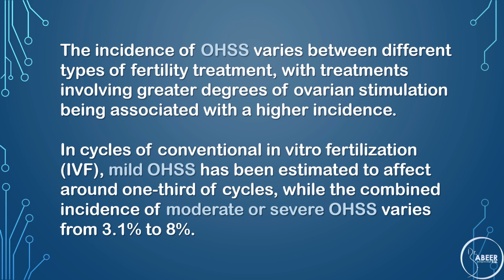In cycles of conventional in vitro fertilization, or IVF, mild ovarian hyperstimulation syndrome has been estimated to affect around 1/3 of cycles, while the combined incidence of moderate or severe OHSS varies from 3.1% to 8%.